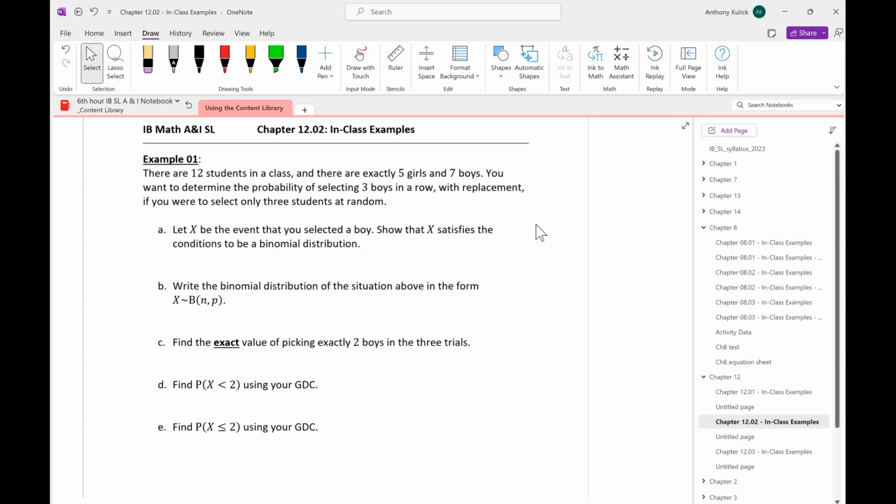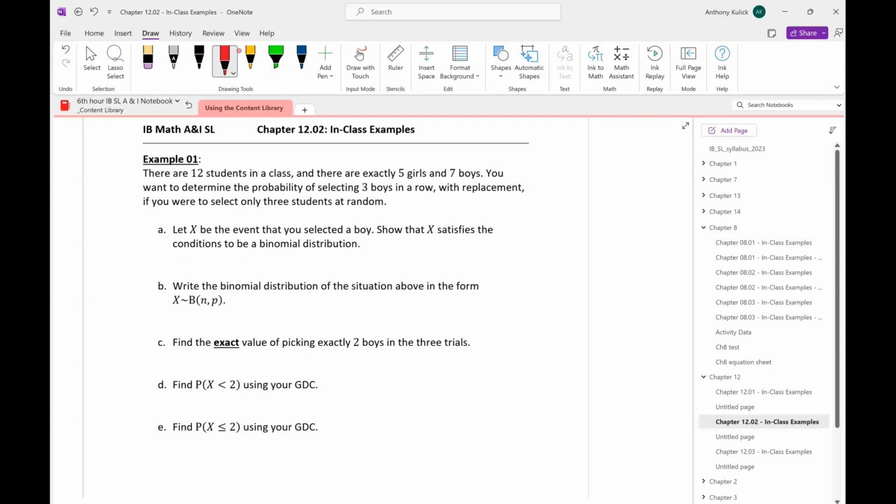So there's 4 things that you need to confirm to show something's a binomial distribution. When you think about binomial distribution, you want to think about flipping a coin. Okay? So you need a fixed number of trials. Do we have a fixed number of trials here? Yes. Why?